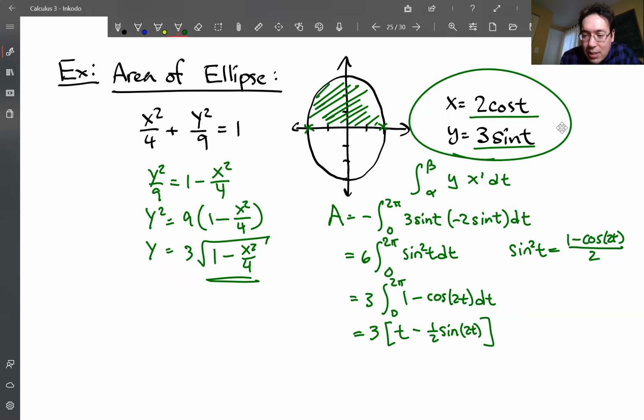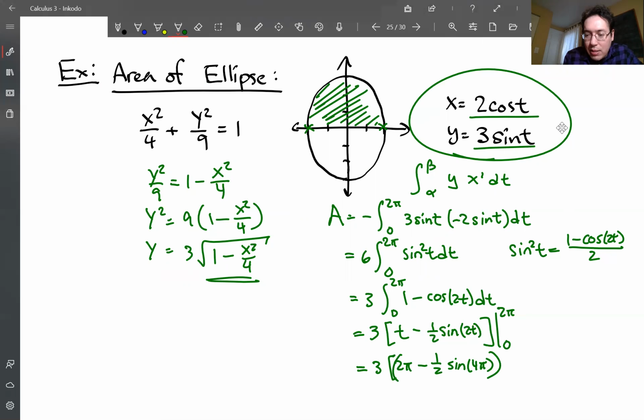And then t is going from 0 to 2 pi. So we'll plug those in. This is what I get when I plug in 2 pi.